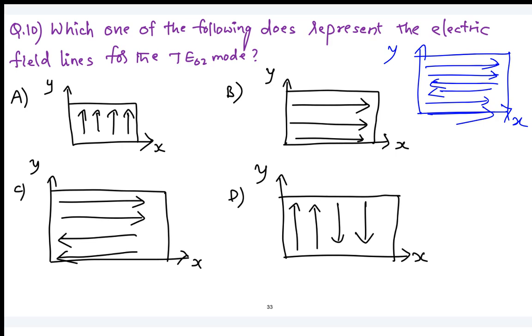This is TE03. Very good, correct. Because when you're moving along the X direction, there is nothing. Some are oriented here, some here, and again here, so 3 half cycles are present in the Y direction. Is the representation clear?